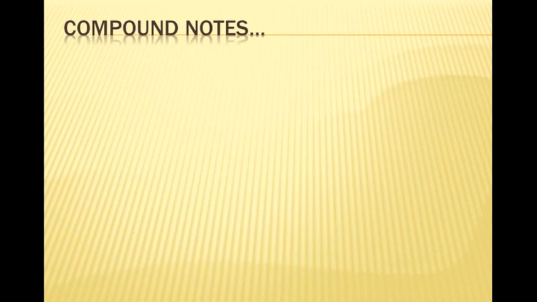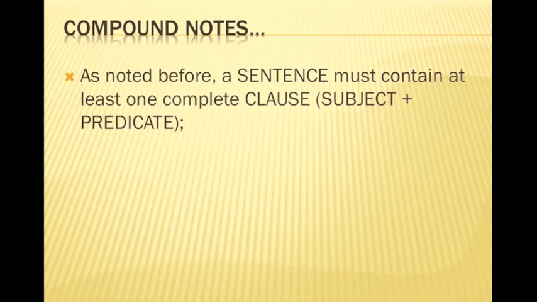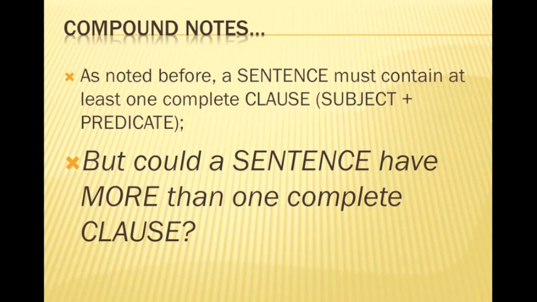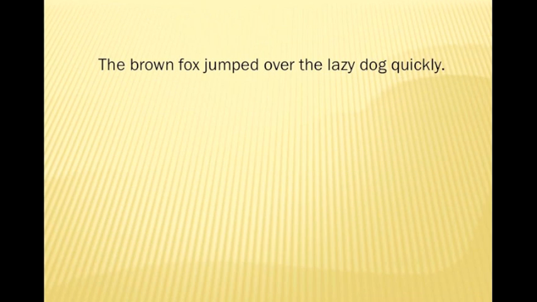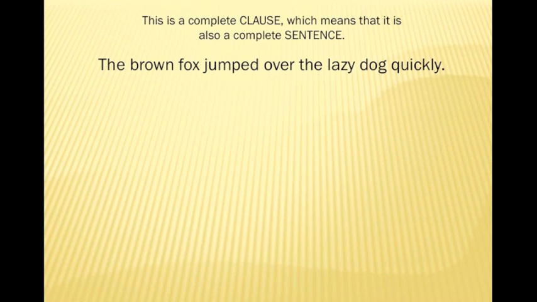So now, when we move from the basic sentence patterns, we first looked at the fact that sentences contain at least one complete clause, which again we stated was a subject and a predicate. But could a sentence have more than one complete clause? Well, again, starting with our basic example, we said this is a complete clause, which also means that it's a complete sentence.